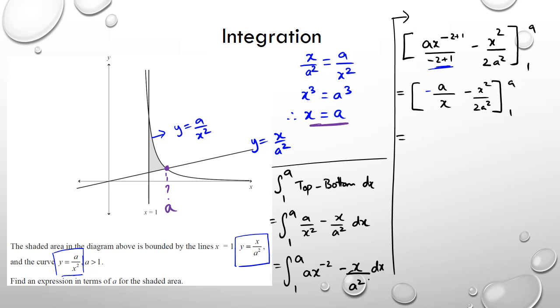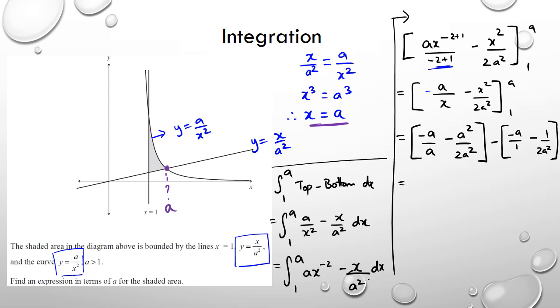So substituting all my a's and 1, I get negative a over a minus a squared over 2a squared, minus, what have we got? Negative a over 1 minus 1 over 2a squared. Is that okay?